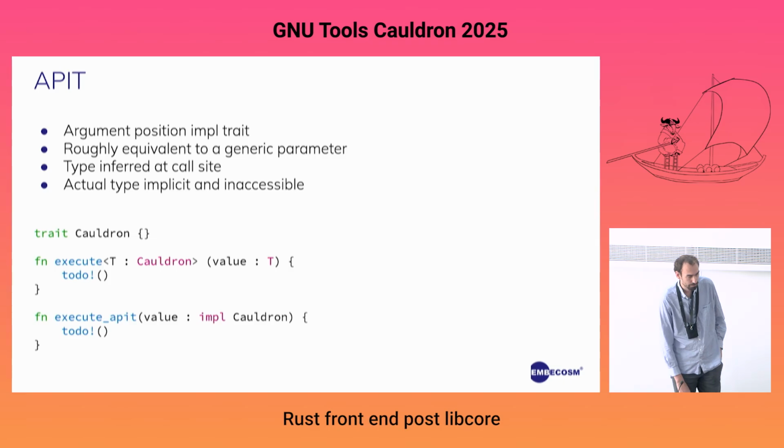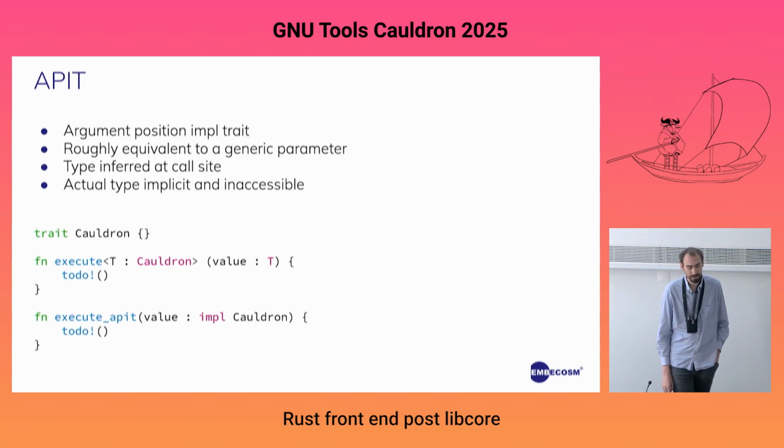Let's see an example. As I said, there's two kinds of bits. Right now, the argument position impl traits are roughly equivalent to a generic parameter. I've put some code below. Those two functions are nearly the same. The T generic argument, as the call traits, and over the execute A bits, you can see that this impl syntax is nearly just some sugar over the first function.